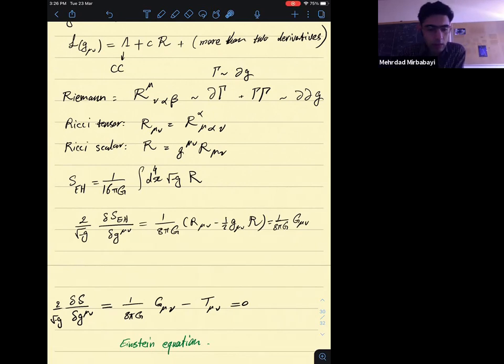Let me tell you which sections. There are two sections, section 10 and 11, on nonlinear gravity in my 2020 lecture notes. Everything that I said can be found there.